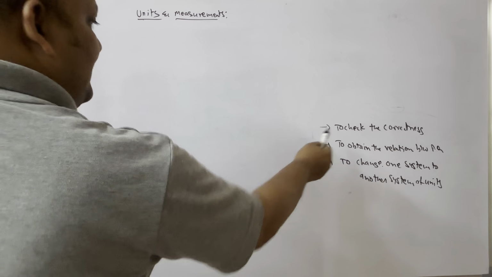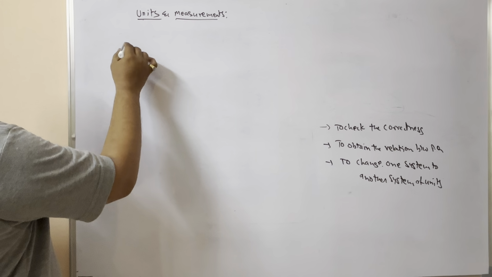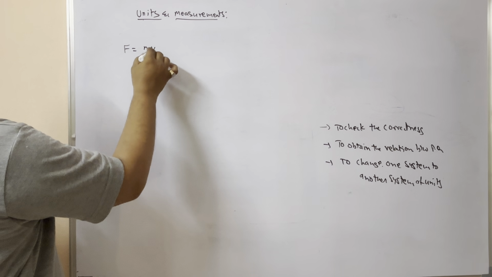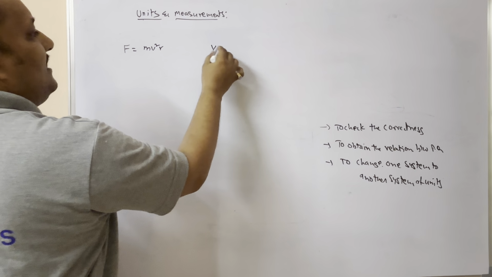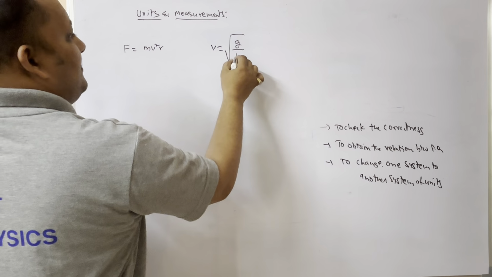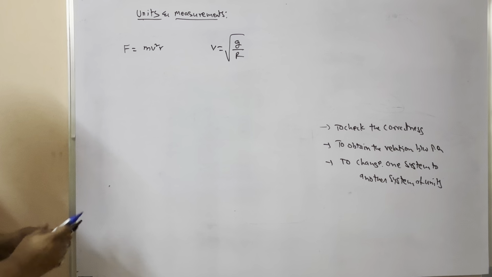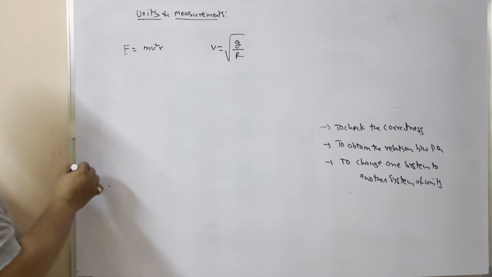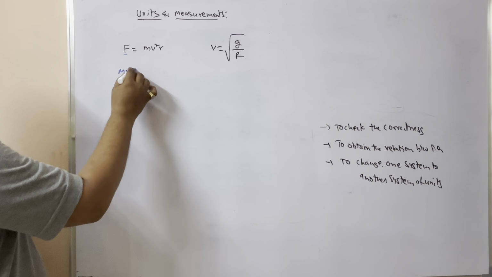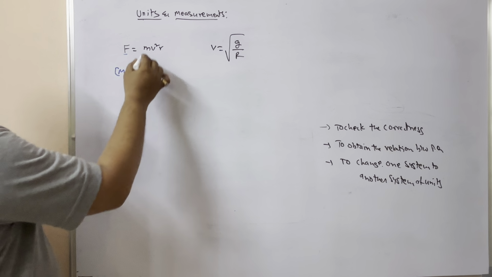Now see how we can check the correctness of the equation. They will give an equation: F is equal to m v square r, and v is equal to root g by r. Let us say so. Whether these two equations are correct or wrong, we can check. To check, we take the LHS, the force dimensional formula, M L T power minus 2.